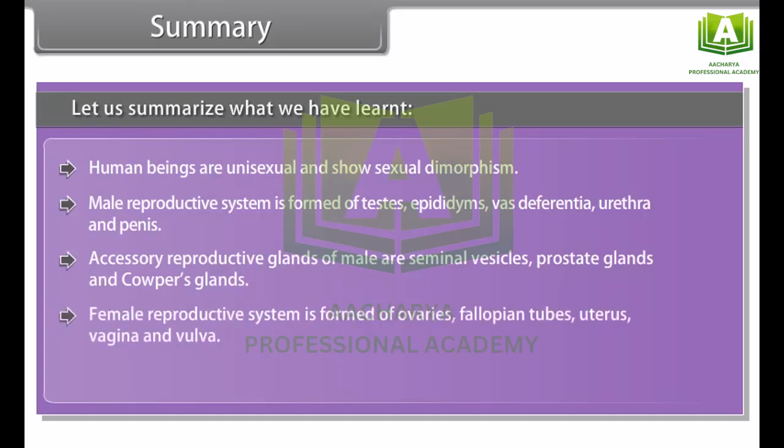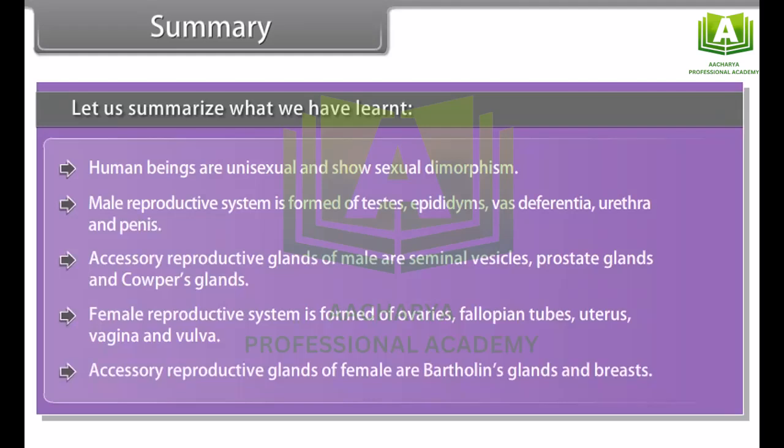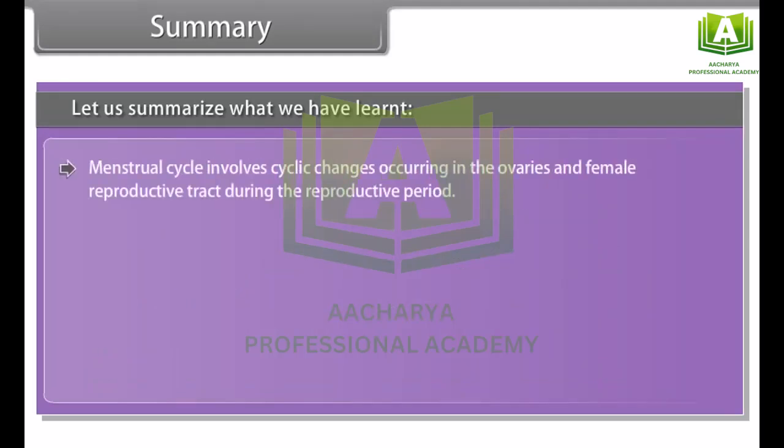Female reproductive system is formed of ovaries, fallopian tubes, uterus, vagina, and vulva. Accessory reproductive glands of female are Bartholin's glands and breasts. Menstrual cycle involves cyclic changes occurring in the ovaries and female reproductive tract during the reproductive period.